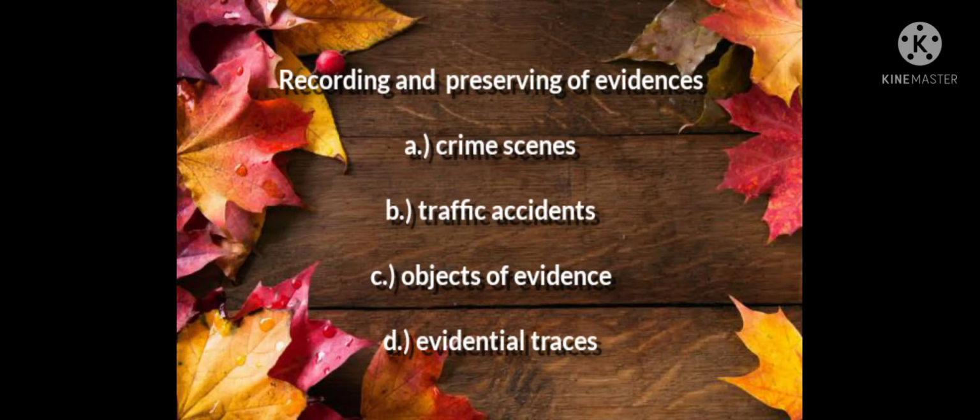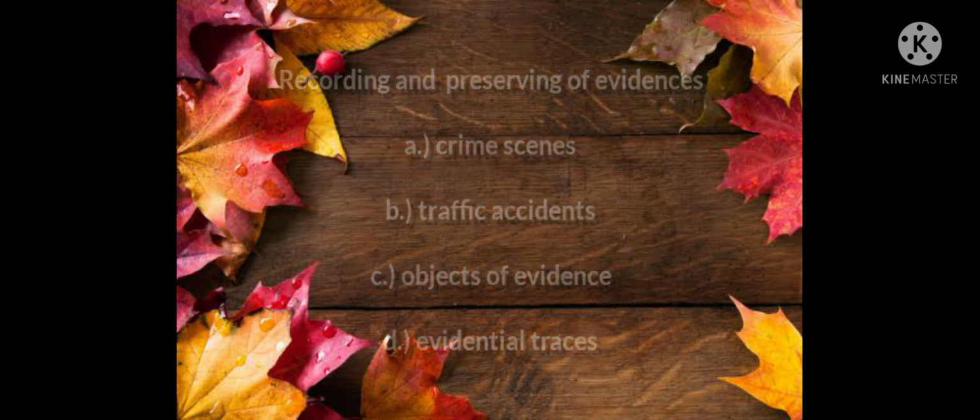Recording and preserving evidence. First is the crime scene, traffic accidents, objects of evidence, and last is the evidential trace. Number 2 is recording and preserving evidence. So, crime scene.